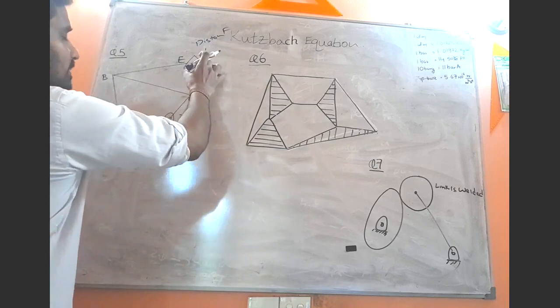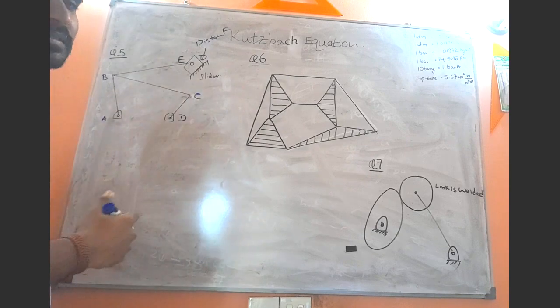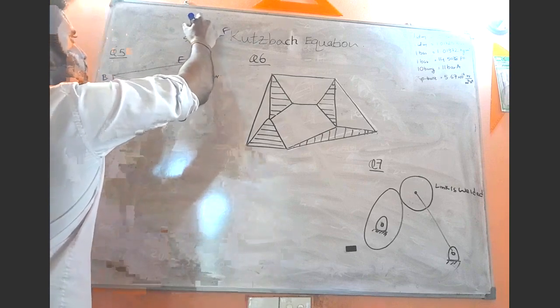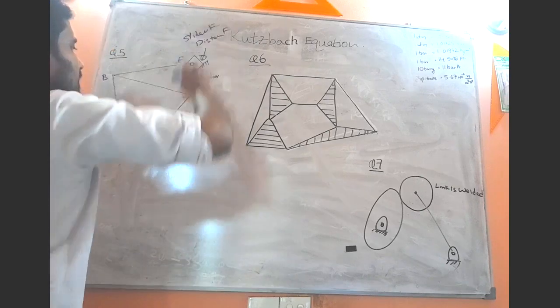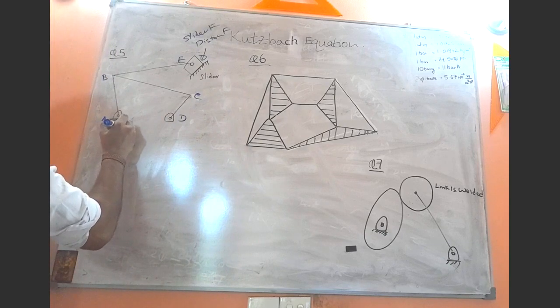So what is this item? This is what we call the slider F, right? Okay. So now here we have a pinned connection, right?